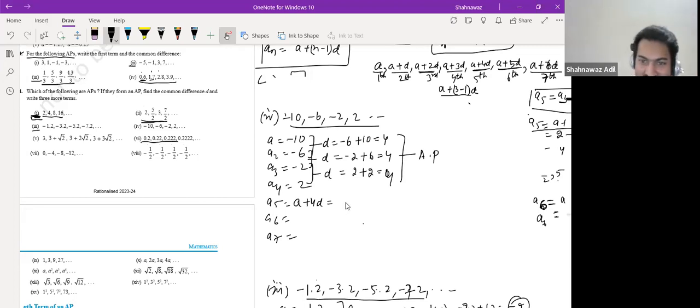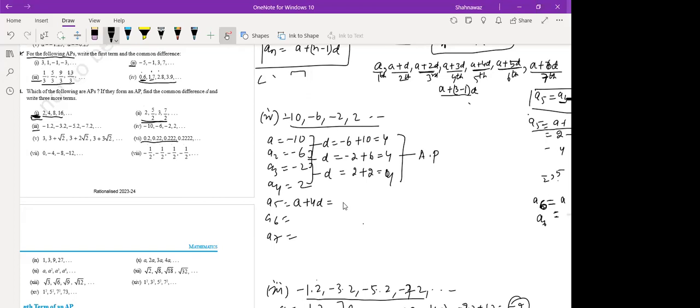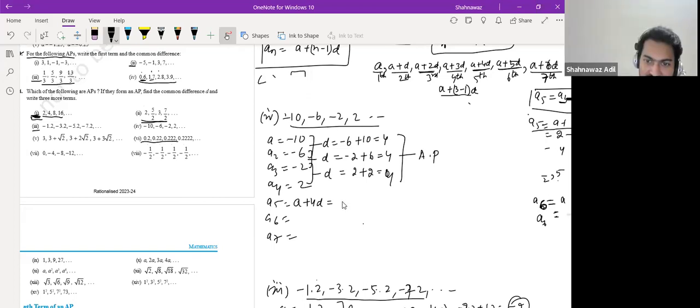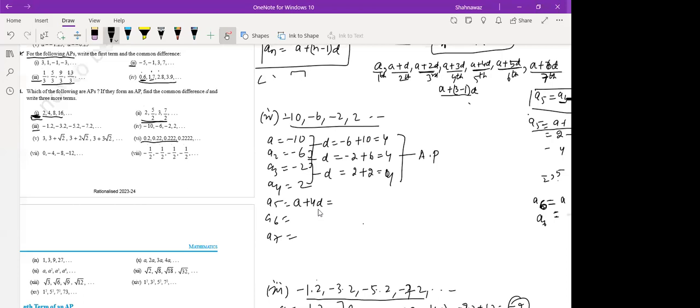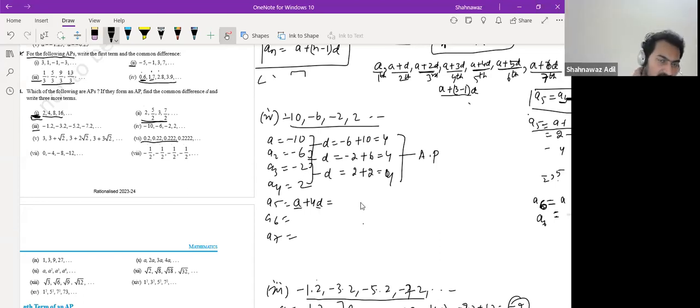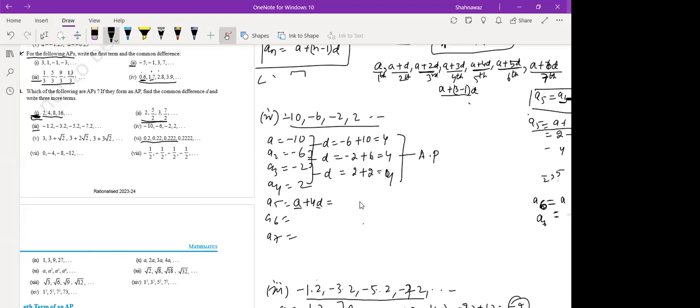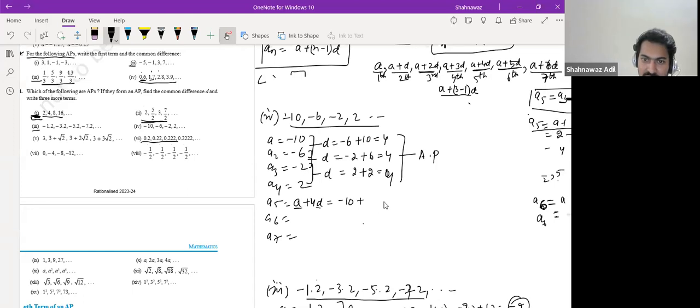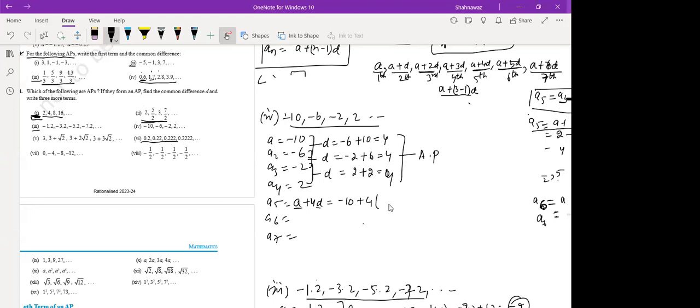What is A? A is the first term, -10. And D is how much? 4, right.